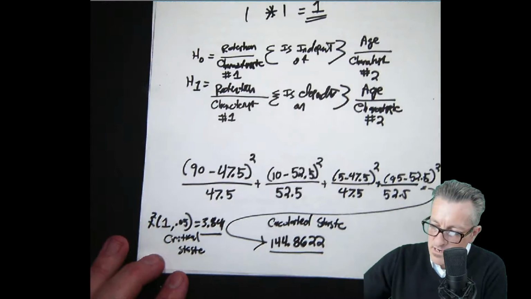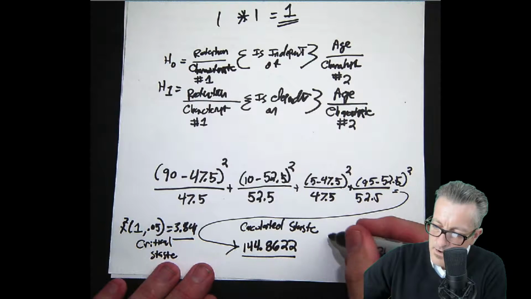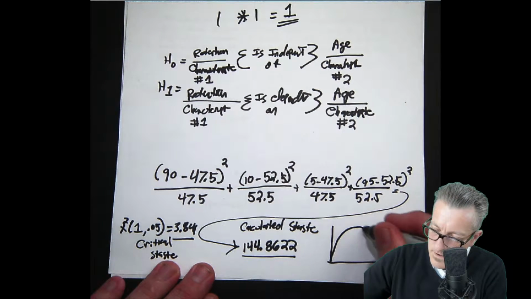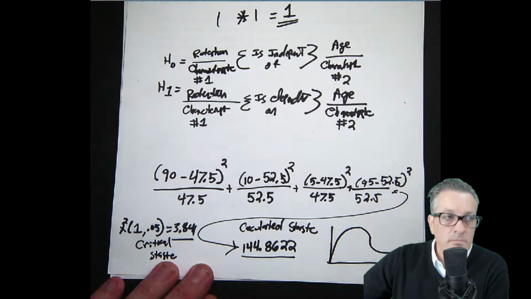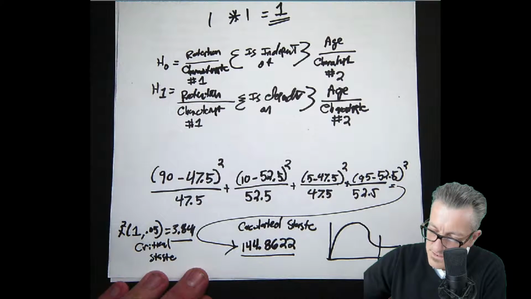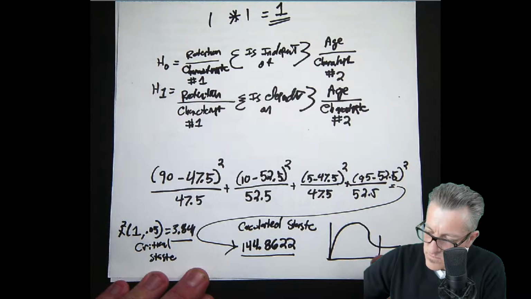And now we can draw this out if we want. Not a good artist, but you get the point. Let's put down our critical statistic, 3.841.